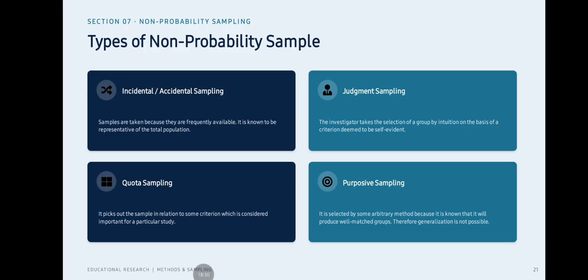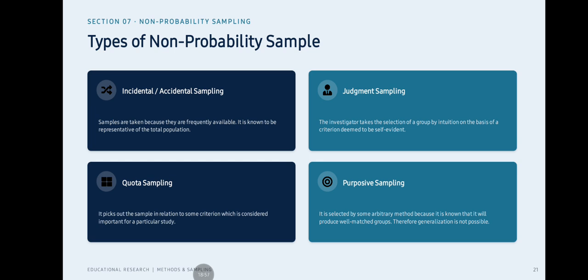Next, types of non-probability sample. Incidental, accidental sampling. Samples are taken because they are frequently available. It is not known to be representative of the total population. Judgment sampling. The investigator takes the selection of a group by intuition on the basis of a criteria deemed to be self-evident.